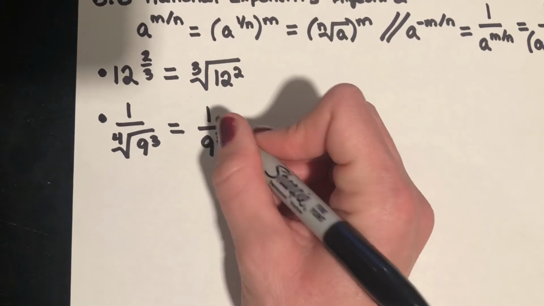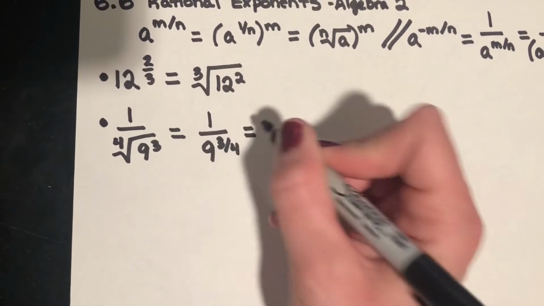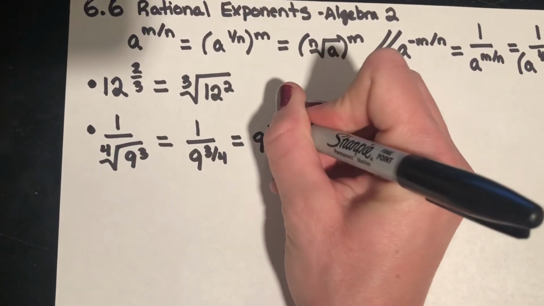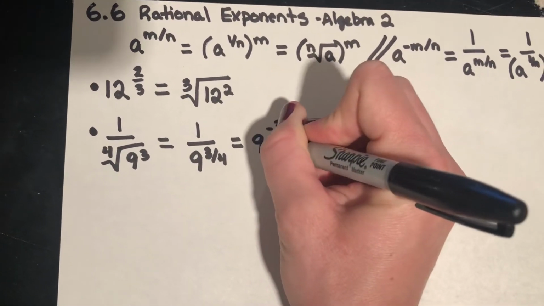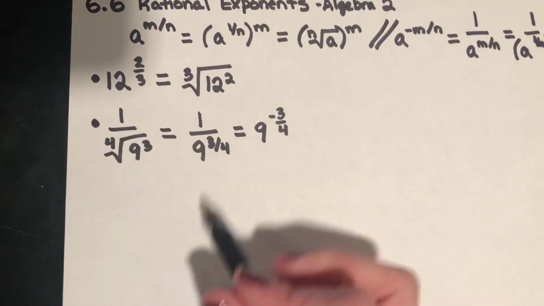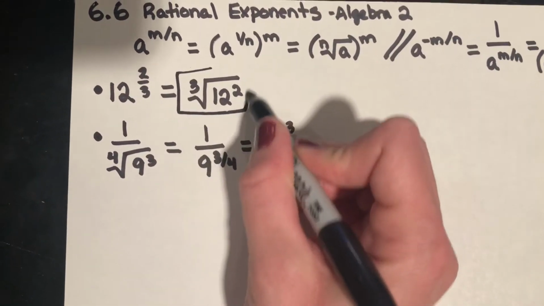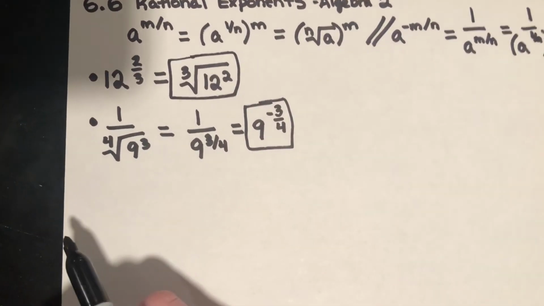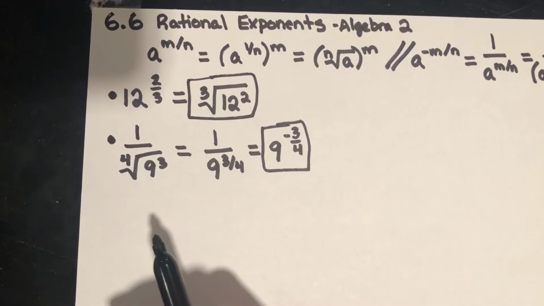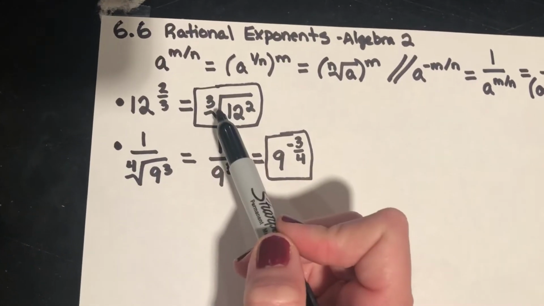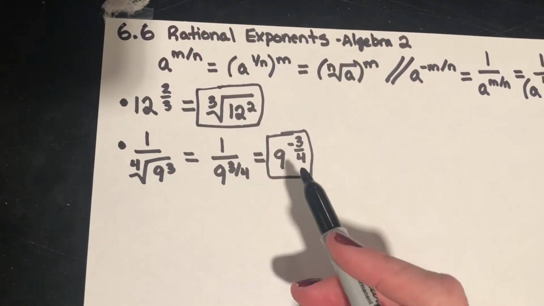And because it's 1 over something, that means we can go backwards and say, well, this is actually 9 to the negative 3 over 4. And that is going to be our final simplification there. I'm actually going to box those two so you guys can see our final simplifications. I guess actually technically we're not simplifying them, but what our radical form would be up here and our exponential form would be down here.